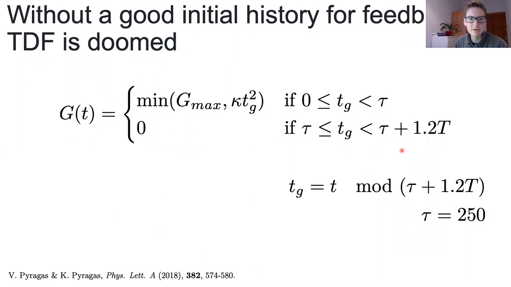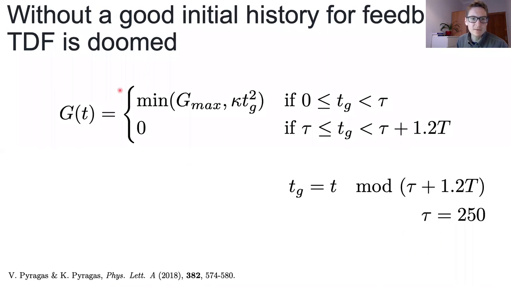And without a good initial history for your feedback, this method is kind of doomed. It doesn't really work. Even if you look for a near recurrence in the way that we were showing earlier on, and switch on the gain after a near recurrence, it still doesn't really work. So the way that I've found that gets around this issue is to use a switching method.